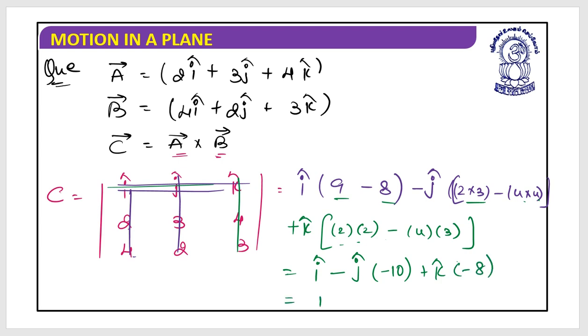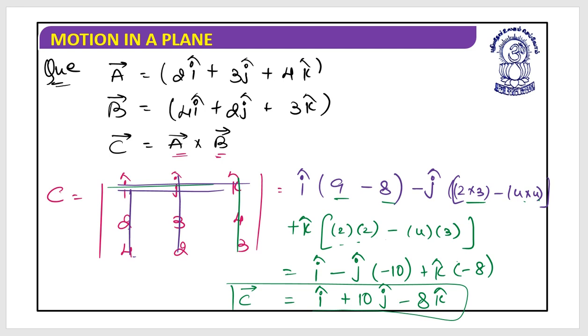So C equals i plus 10j minus 8k. This is the vector C. That's it. What was your answer? Is it the same? Are you sure?